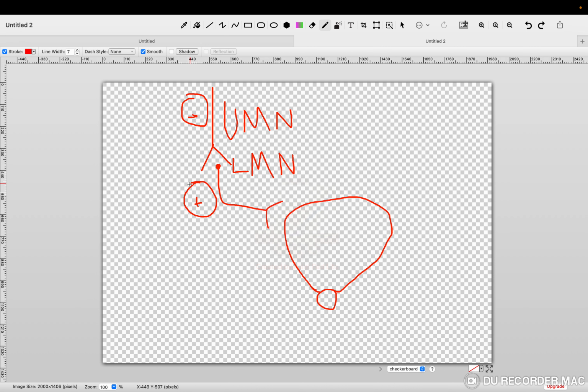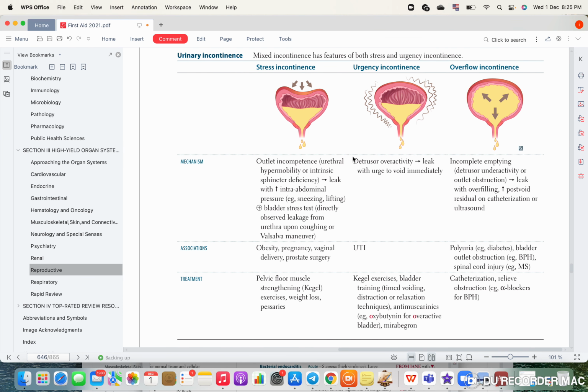In case of MS, the upper motor neuron is shot. So when it's shot, what is going to happen to the lower motor neuron? It will become crazy, start firing at the detrusor muscle. When it starts activating the detrusor muscle, what type of incontinence will you have? Urgency, exactly.